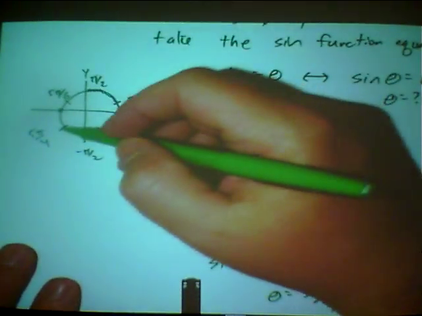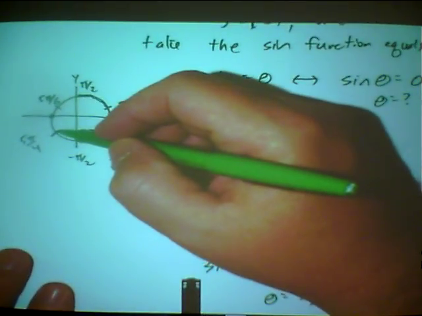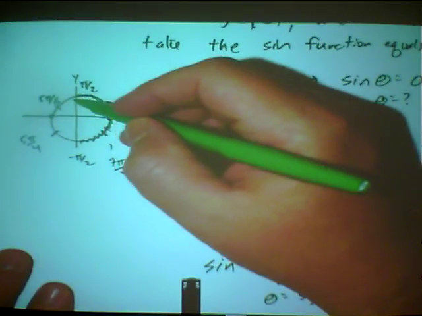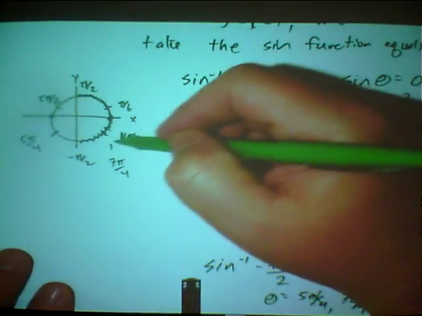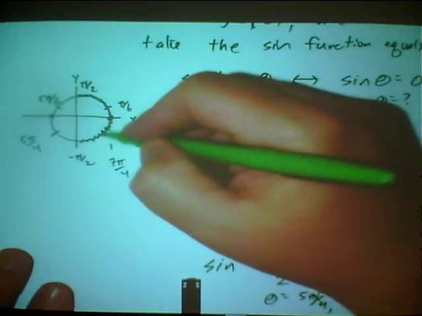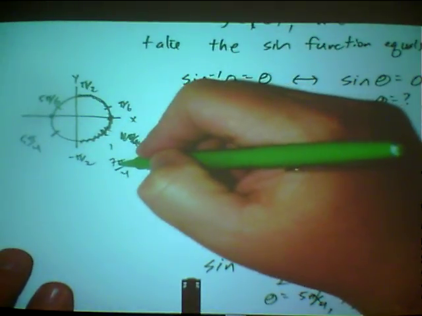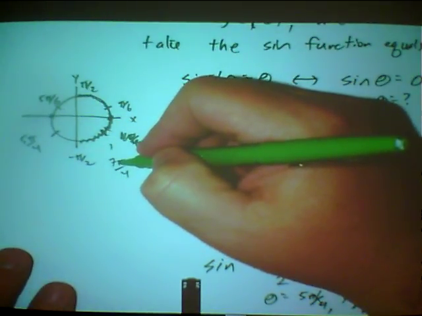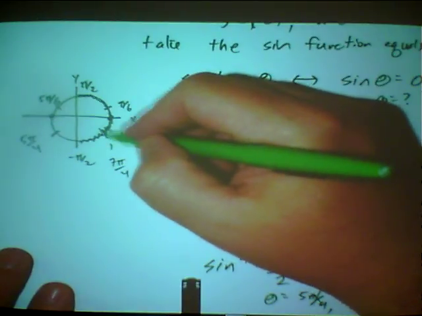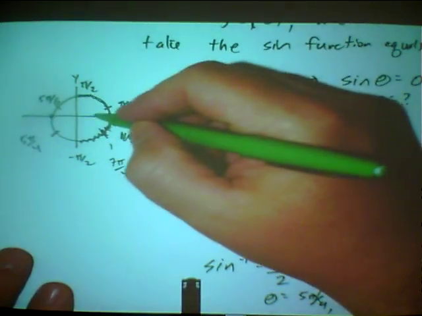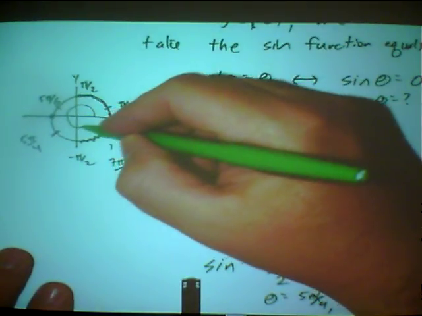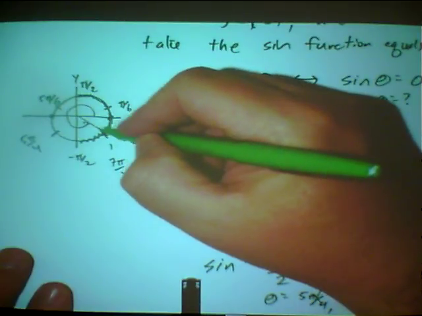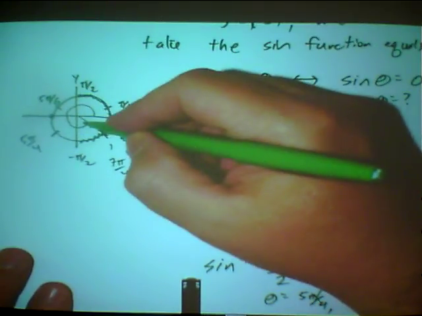But if I look up here at my circle, 5 pi over 4 is pretty obvious. It's over here. It's not in the allowed area. But 7 pi over 4 is. It's over here. So why is that answer not okay? Well, the trick is I've written this angle as a positive angle, right? All the way around, 7 pi over 4.